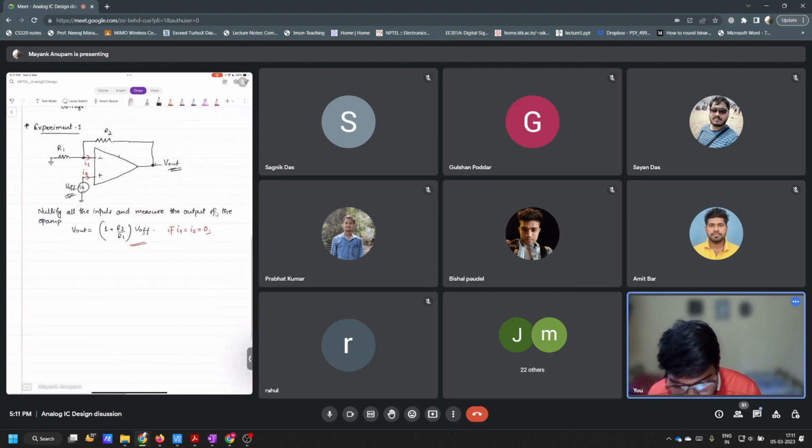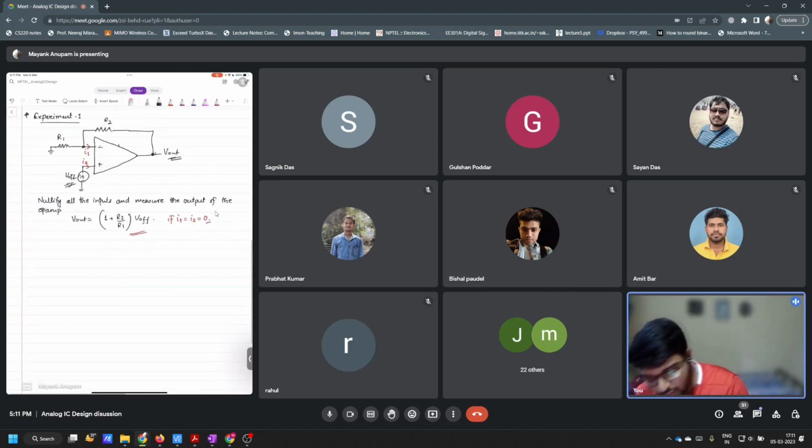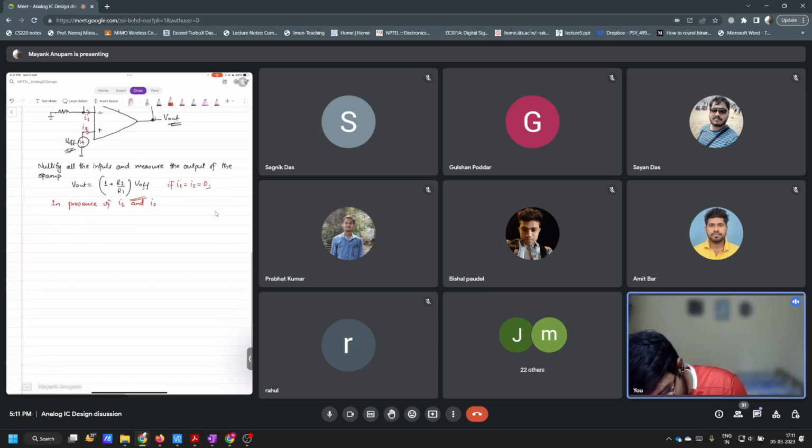So if you have I1 and I2, then you will have some extra stuff here. In the presence of I1 and I2, V out is equal to 1 plus R2 by R1 times V offset plus some function of I1 and I2.